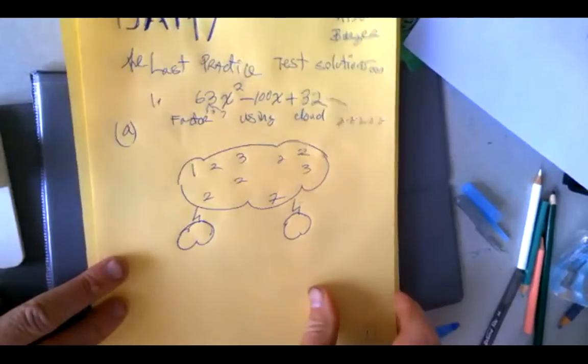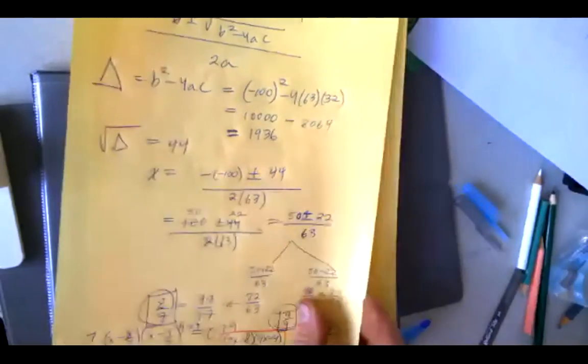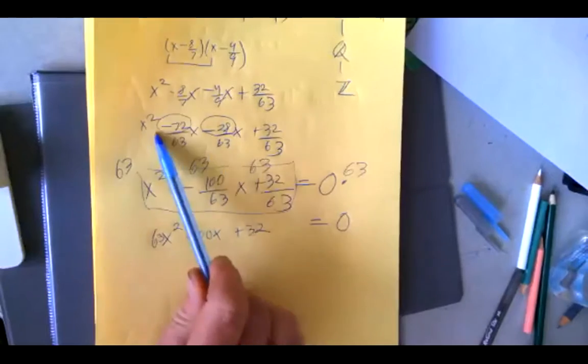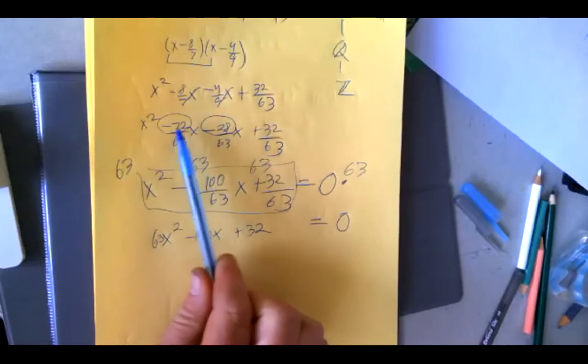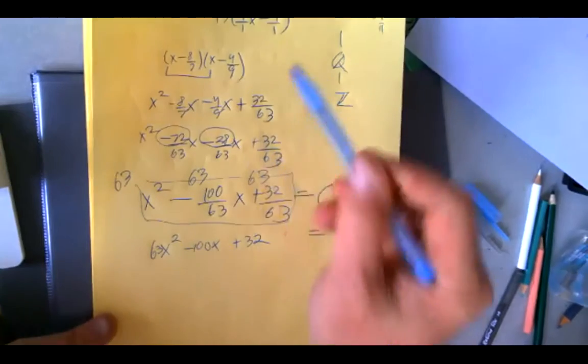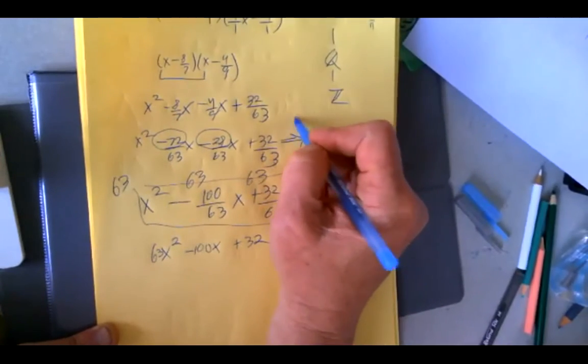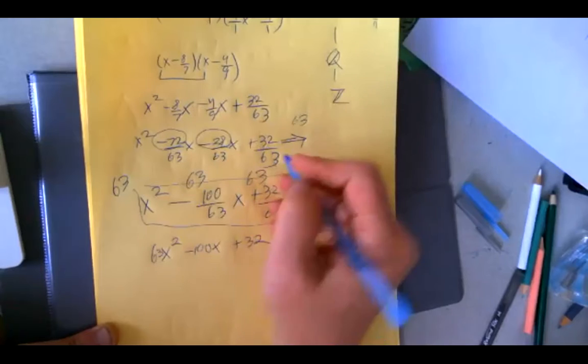But in doing this problem, I'm seeing these are the cloud puffs right there. As a matter of fact, to go even bolder, if I multiply through by 63 on this, I would get this.